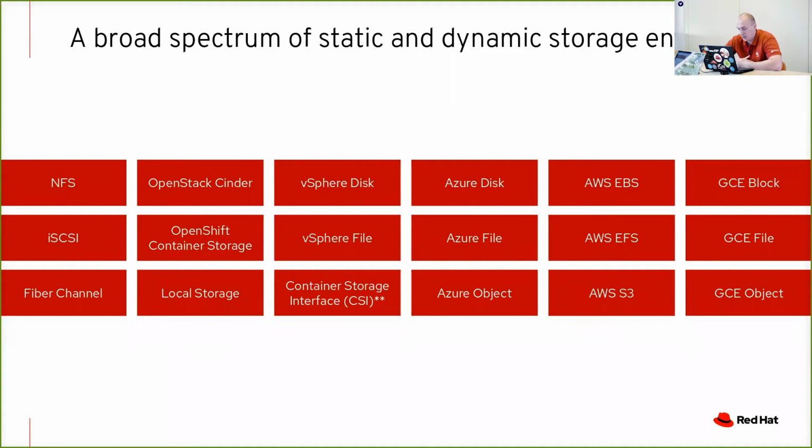The most common access mode is called read-write-once, which means that you can mount a storage volume only to one OpenShift cluster node, and this configuration will limit the ability to scale pods that are consuming the storage, because if the volume is mounted only to one node, all the pods could be deployed just on this one node.